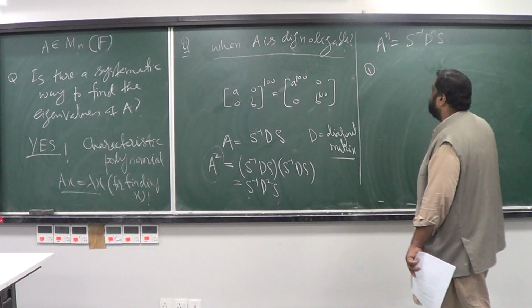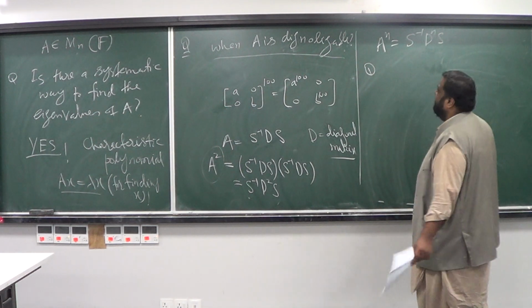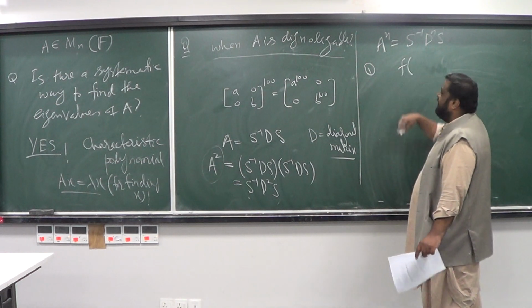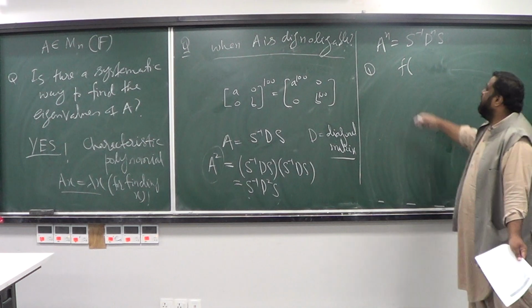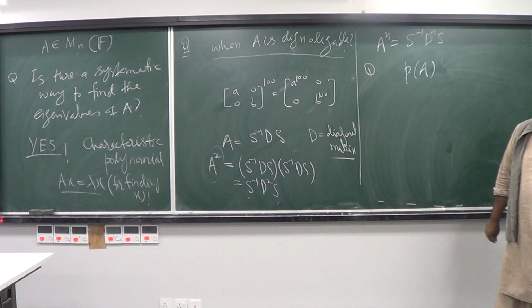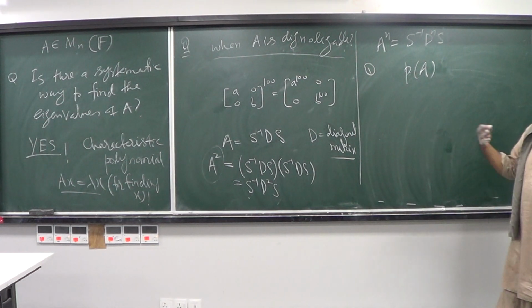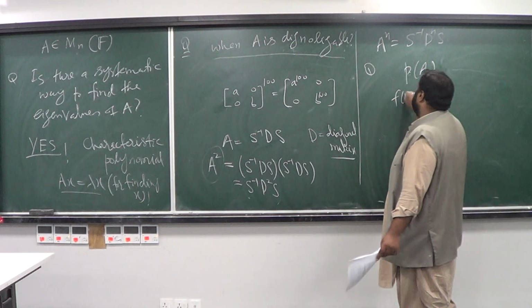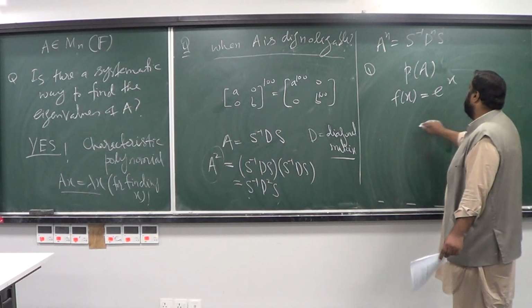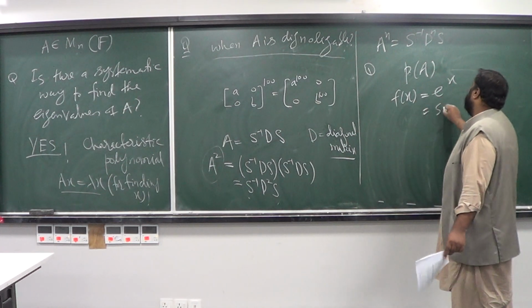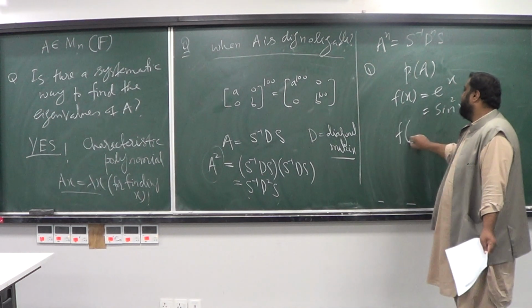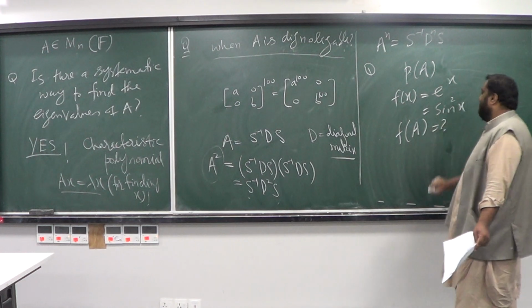The next question is this: I know that for a polynomial p, p of A makes sense. But what if my function is not a polynomial, like e to the x, or sine x, or sine squared x? The question is, does f of A make sense?